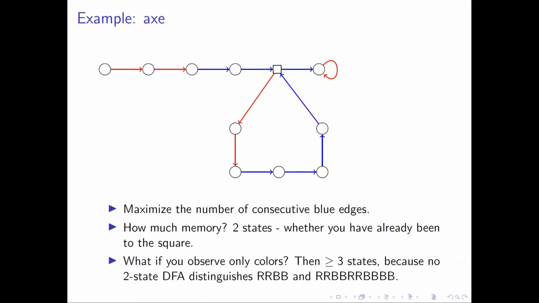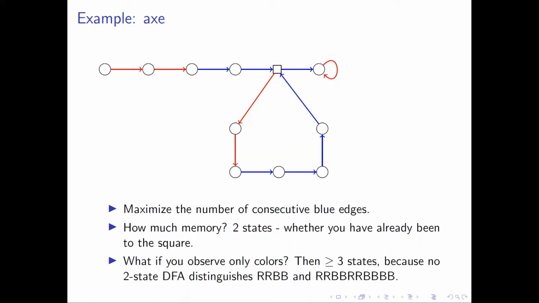Okay, until we reach the square node, we have no choice but to go to the right. But when we are in a square node, we can, let's say, also go to the right, and then we reach a node with the red loop and no blue edges afterwards. So you see then there will be 3 consecutive blue edges.